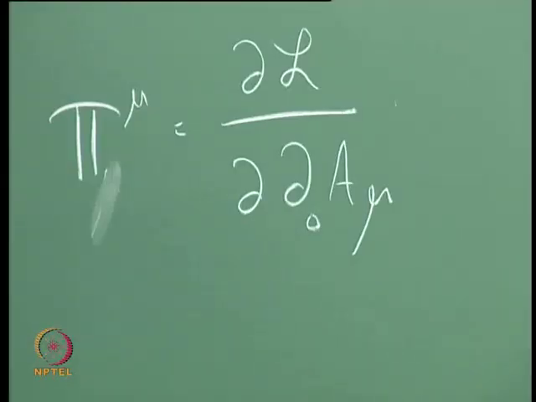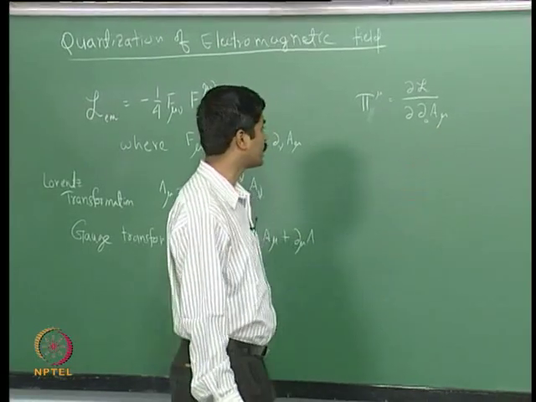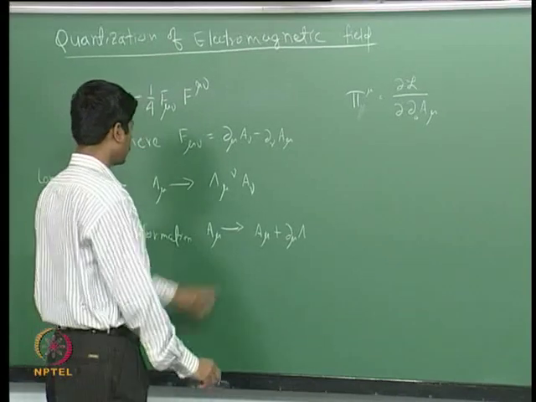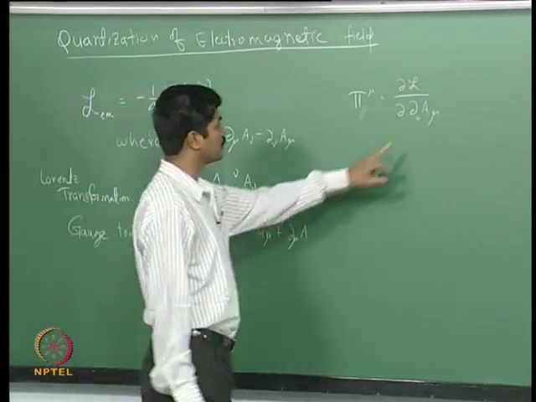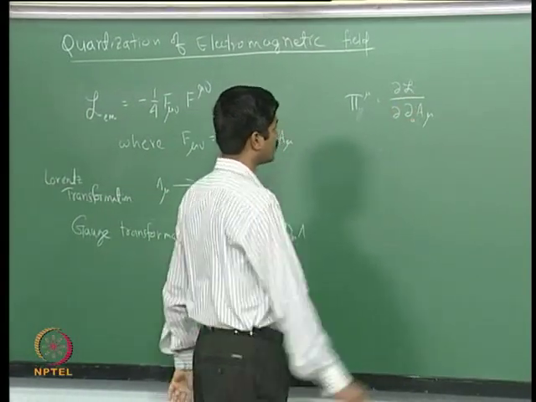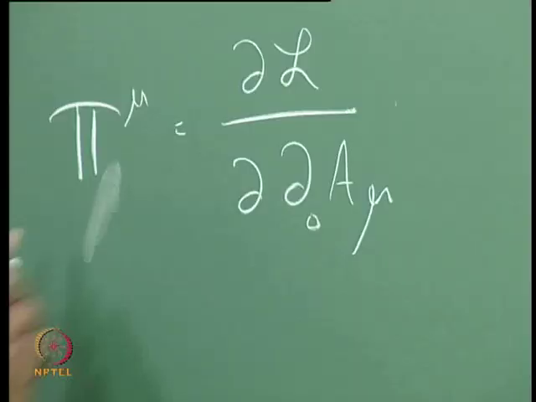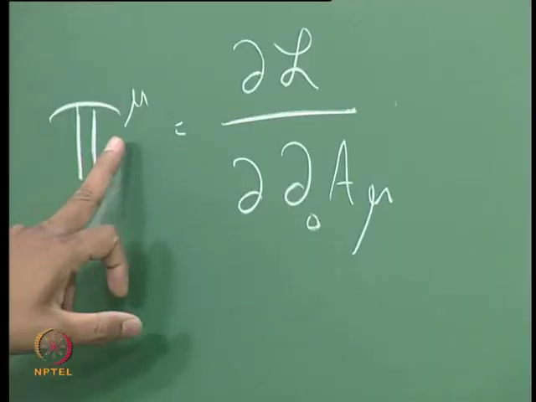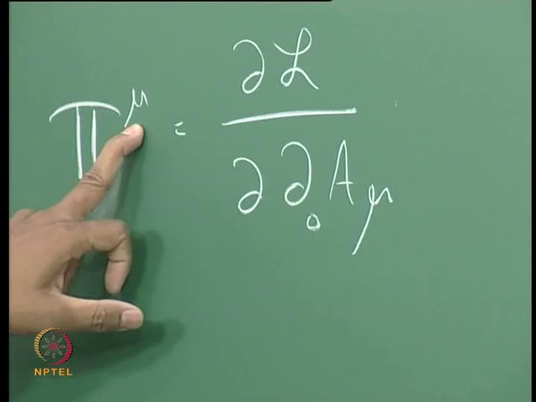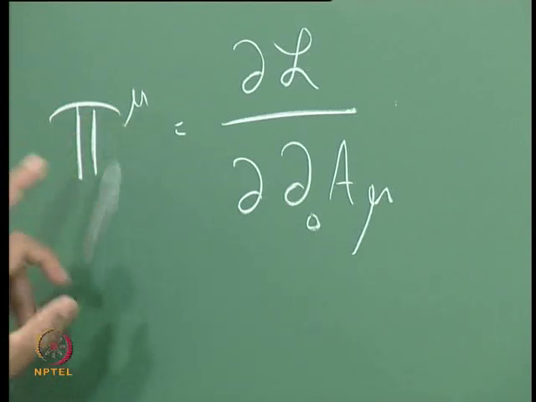There are 4 fields A0, A1, A2, A3, 4 independent quantities. So, correspondingly you have 4 conjugate momenta that I am labeling by this index mu here, and pi mu is given by this.